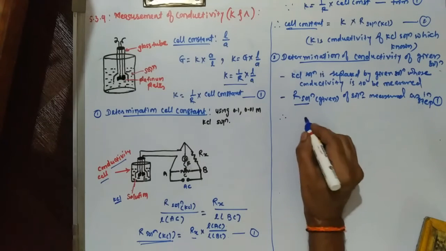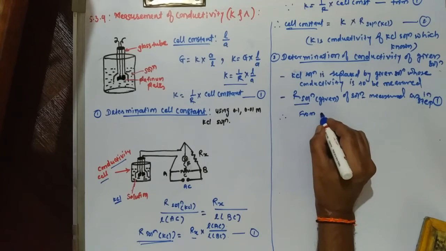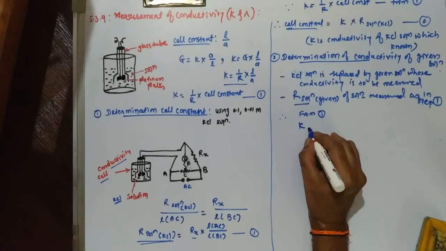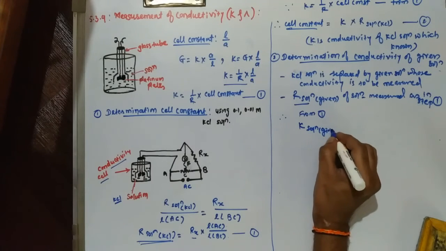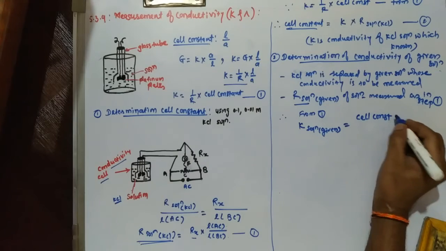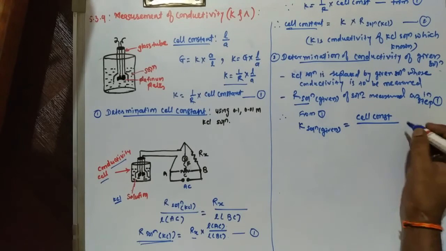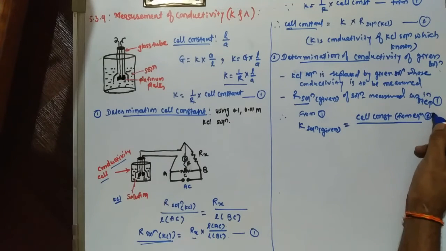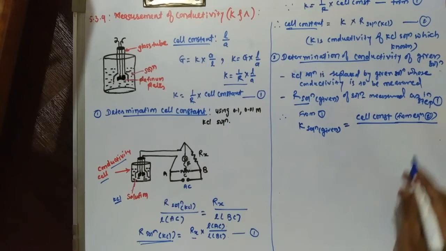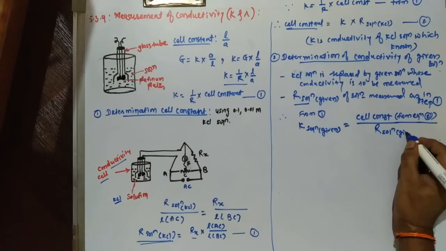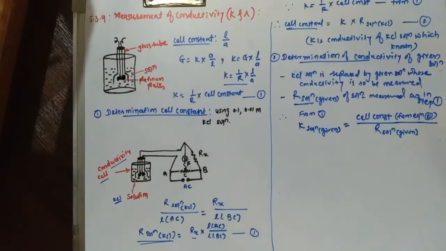Therefore, from equation 1, the conductivity of the given solution is equal to the cell constant, from equation 2 we already got, divided by the resistance of the given solution. In this way the conductivity of the given solution can be found out.